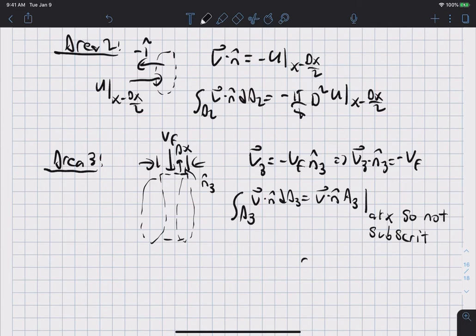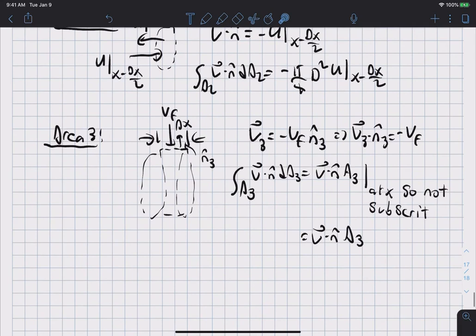A3 is around the circumference of this shape, so that area is pi d times delta x, and this is minus Vf.